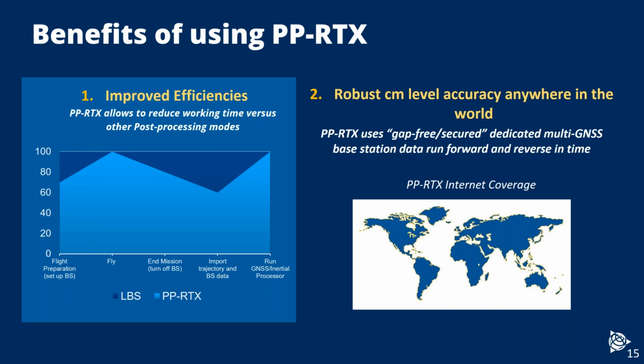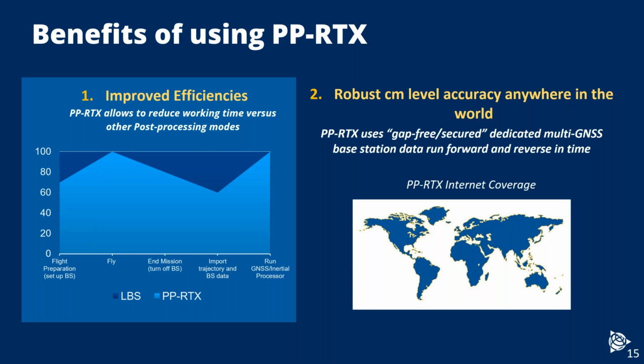Here we're comparing the time required to operate with a local base station, or LBS, versus with PP-RTX. We can see that PP-RTX can save time because it does not require the setup or operation of a base station at the start, or disassembling it and doing any QA on the base station data afterwards. Also, POSPac does not need to decode or process the base station data, which would save time.